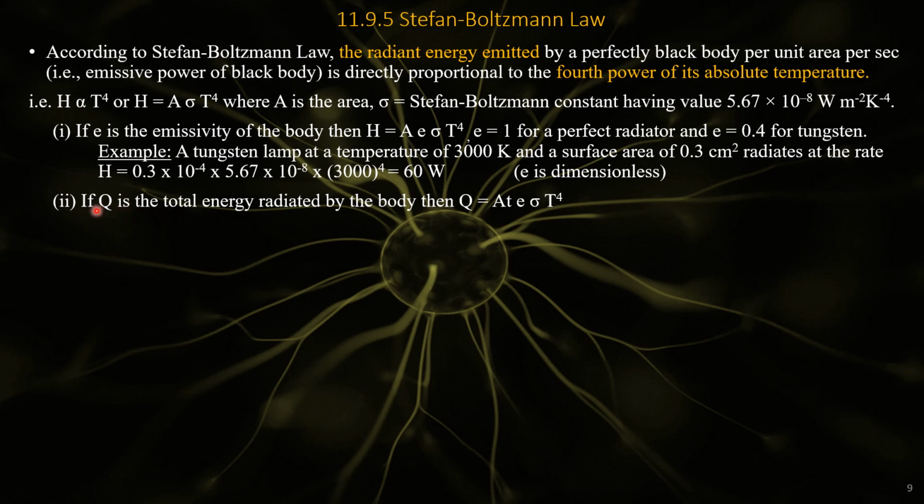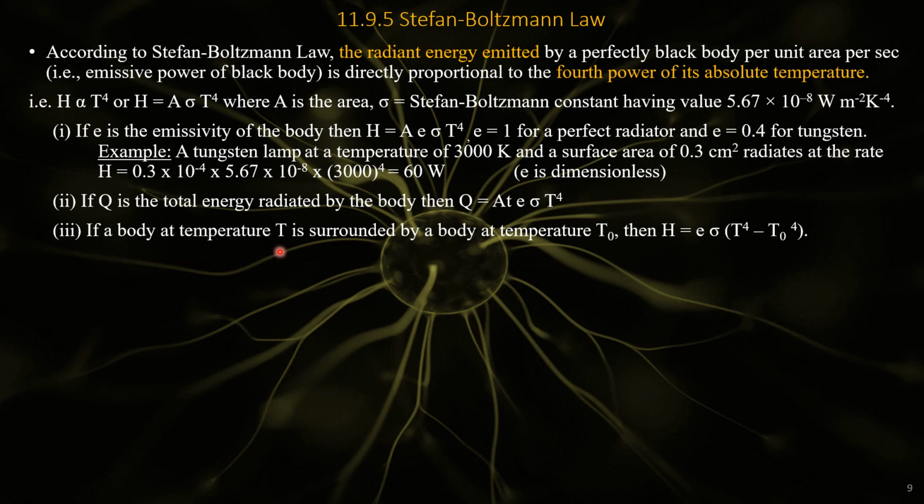If Q is the total energy radiated by the body, then Q is given by the relation Q is equal to A into t, that is time, into e into sigma T to the power of 4. This is another form of Stefan Boltzmann law expressing the total energy.